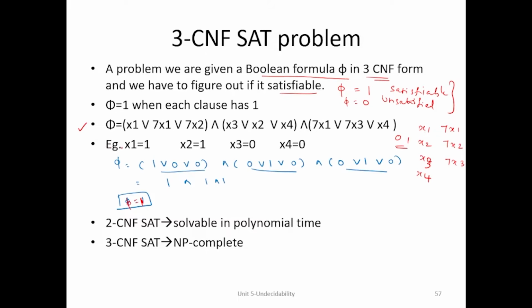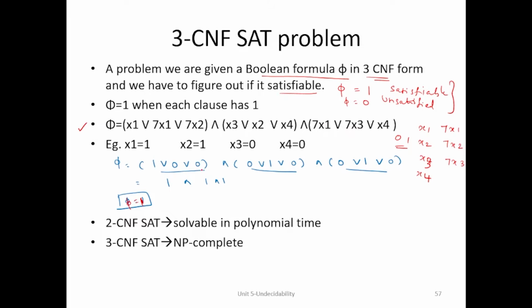Consider x1 and x2 as 1, x3 and x4 as 0. This is an example. I substitute the values in this 3 CNF notation. So the first clause is 1 OR negation of 1, which is 0, OR negation of 2, which is 0. The second clause is x3 is 0 OR x2 is 1 OR x4 is 0. The third clause is 0 OR 1 OR 0.